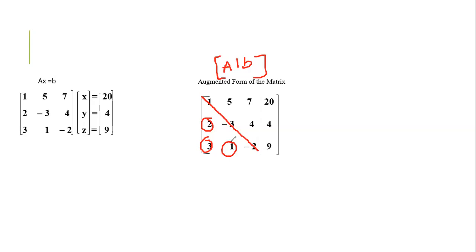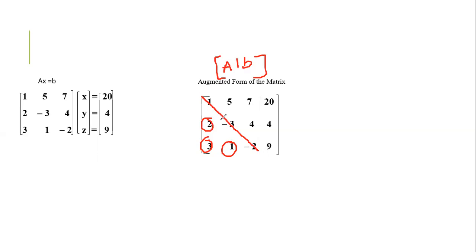So we are going to use operations on matrices. We can multiply a row by a non-zero constant, we can add a multiple of one row to another, we can subtract one row from the other, and we can also interchange rows. These are the 3 basic operations in Gaussian elimination.